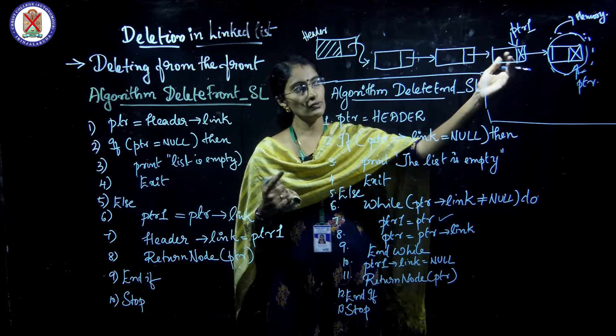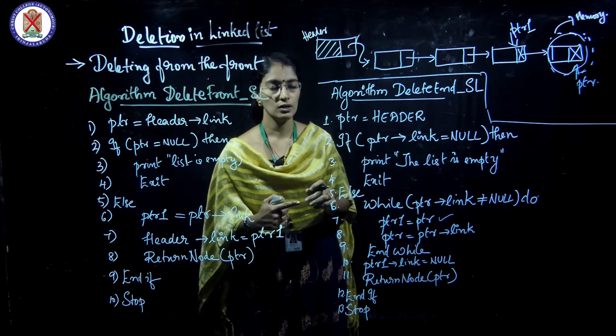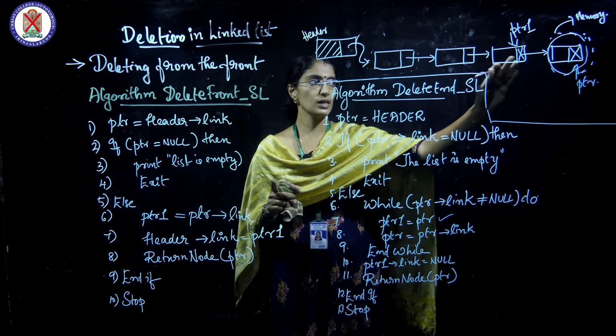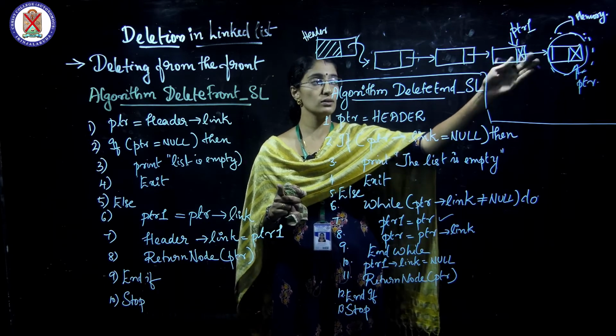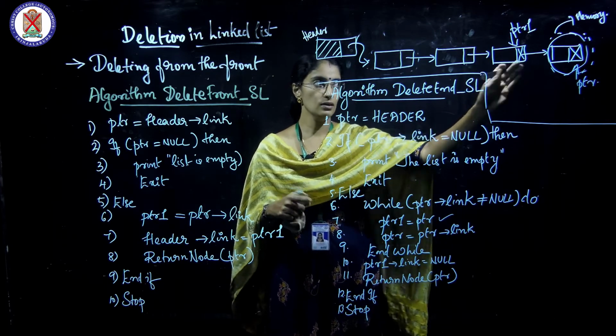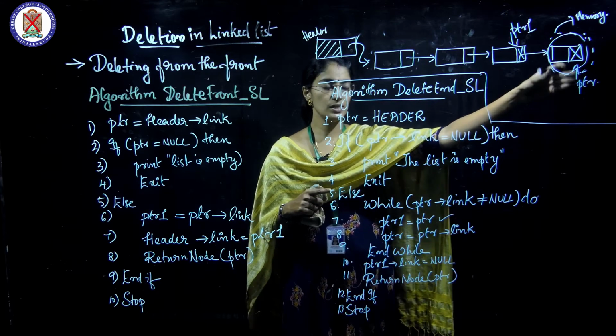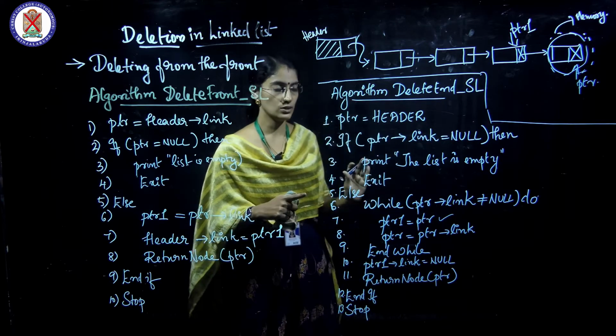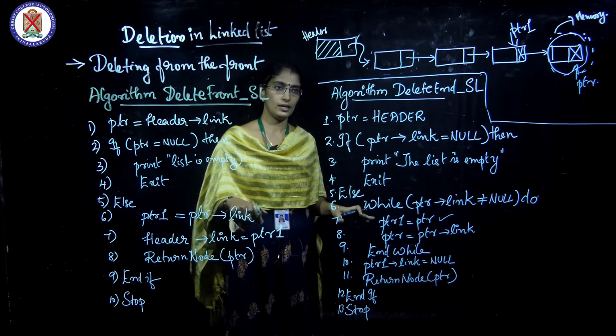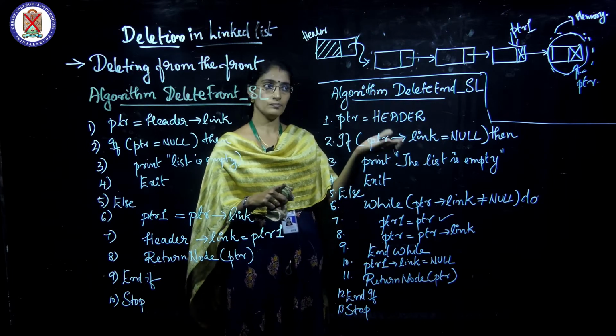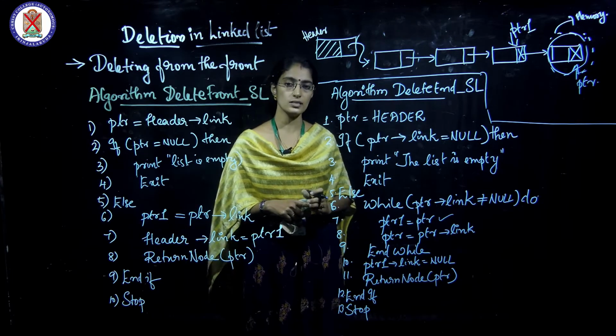Since you are deleting the last node, all you have to do is keep the link part of the previous node as null, return node PTR to memory using the return node procedure, and deletion at the end of the linked list is completed.